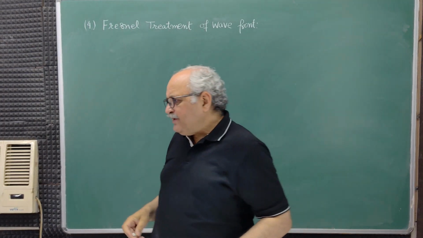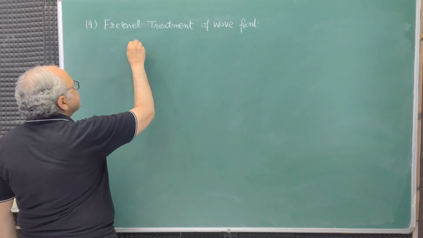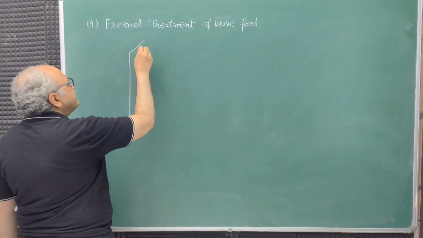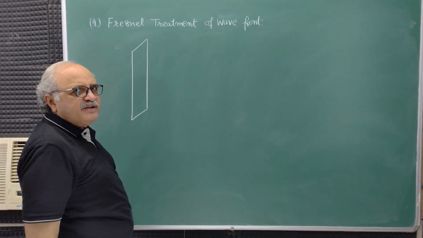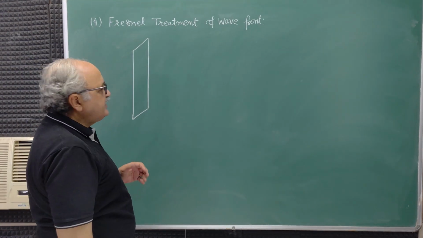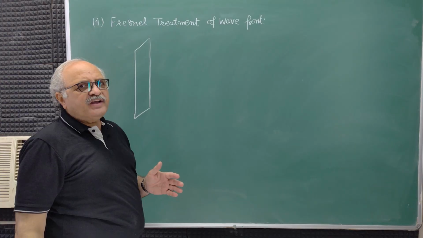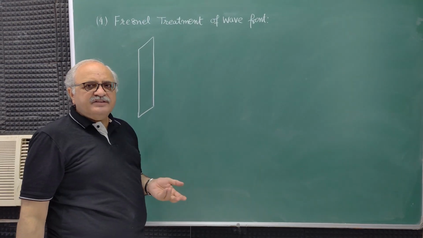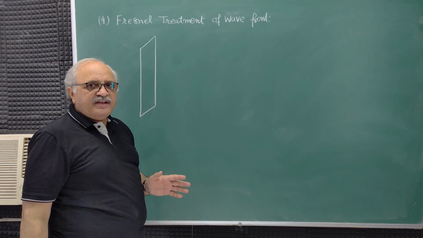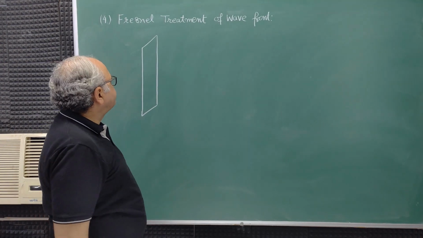As we know, a wavefront is a surface where we receive the disturbance from the source of light in the same phase, or you can say it is a locus of points which have the disturbances from a source of light having the same phase.